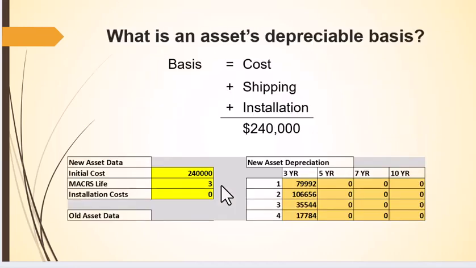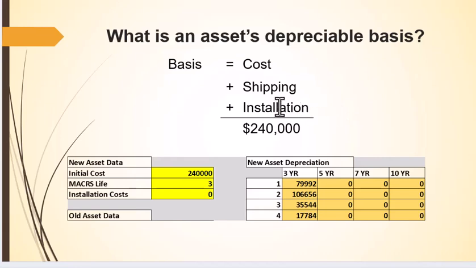So let's start getting into some of our analysis, what we need to determine. The first thing we need to figure out for an asset is the asset's depreciable basis. So we need the cost of the assets, of course. We need to know what it's going to cost to ship the product. And then we need to know all of the costs associated with installation.